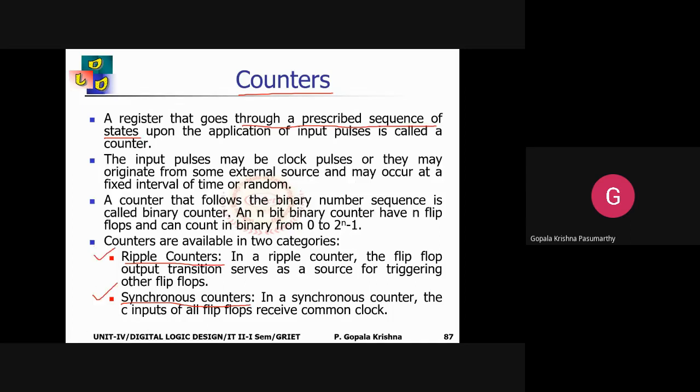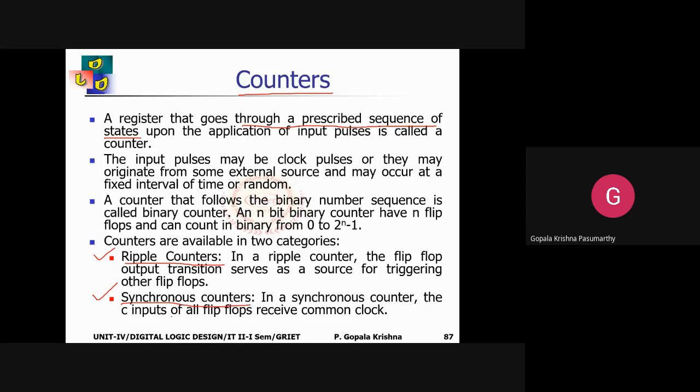What is the design behind ripple counters and synchronous counters? Counters can be designed in 2 ways. One is called a ripple counter. The next one is called a synchronous counter. What makes both of them different is very simple. In a ripple counter, there will be no common clock. Since it is a counter, it contains flip-flops. If all flip-flops receive the same clock, we call it a synchronous counter.